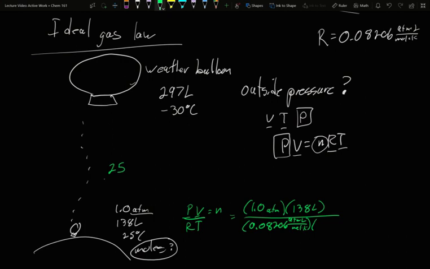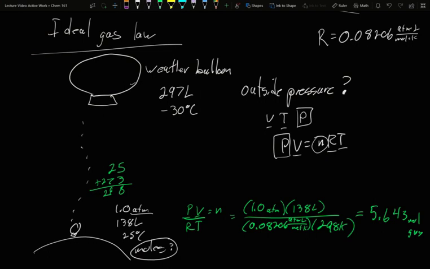So 25 plus 273, 298 Kelvin. I can solve, and my original moles, which should still be there in the end for this problem, should come out at 5.643 mole of gas. So that should still be our moles at the end.